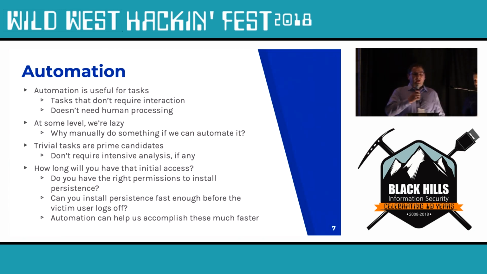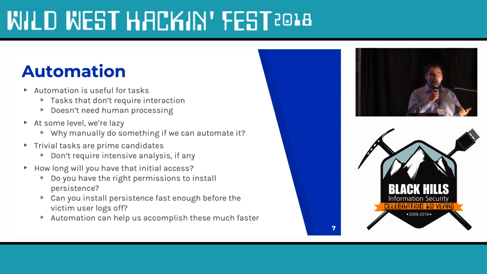So automation is useful for a lot of tasks. It's especially useful for actions you may want to perform that don't require human interaction or any sort of analysis. The other reason we love automation is that people, myself included, are inherently lazy. If I don't want to conduct the same step over and over again, why would I?